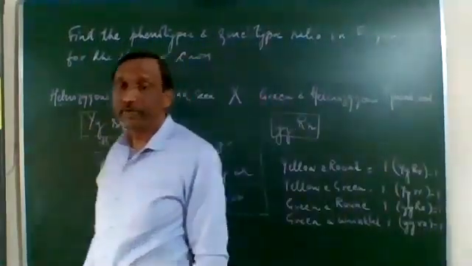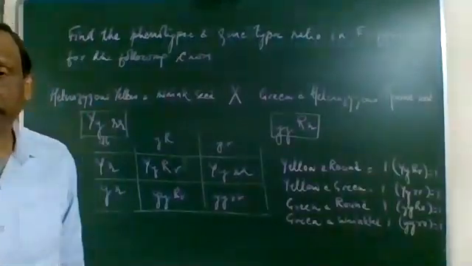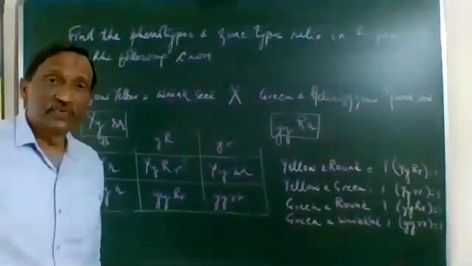So both the genotypic and phenotypic ratio in this case will be 1:1:1:1.